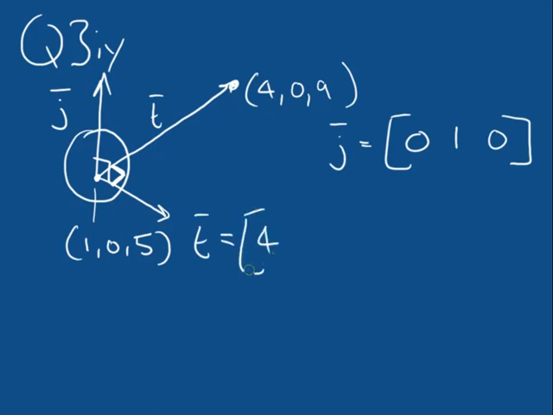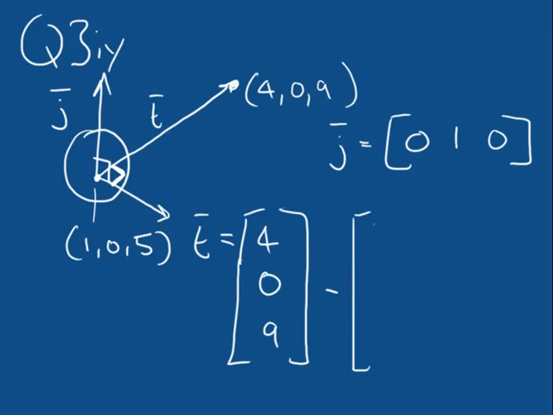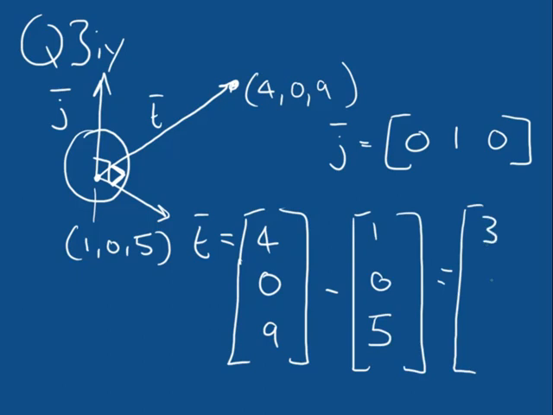I'm going to write this in column format just so it'll be a little cleaner. I subtract from that our start point (1, 0, 5), and that tells us our direction of travel is the vector (3, 0, 4). We can see that if we start at 1 in x and travel 3 units in x, we end up at 4 units in x. If we start at 5 in z and travel 4 units in z, we end up at 9 in z.